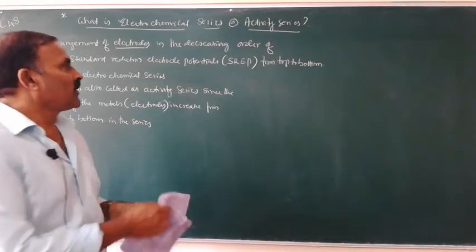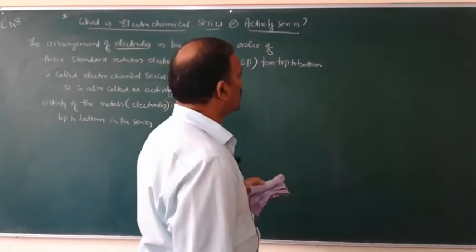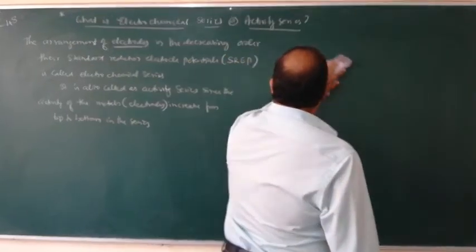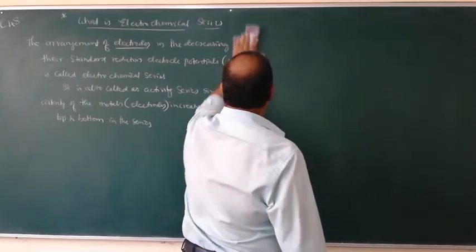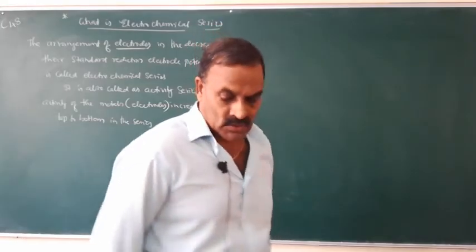So I will give you the list of some electrodes whose electrode potentials are arranged, so that you will understand what is electrochemical series.